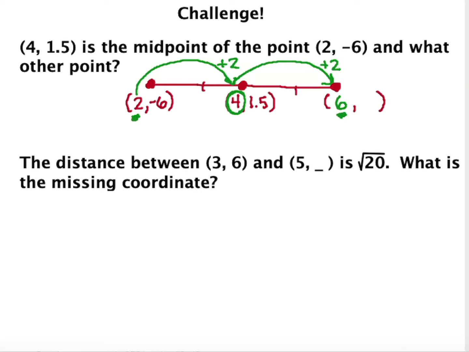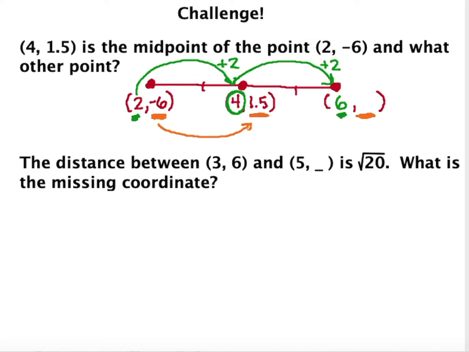We're going to use that same technique, only thinking of the y value now. So if -6 is here and 1.5 is here, what's here? We have to think 1.5 would be exactly between -6 and some mystery number. How far is it to go from -6 to 1.5 on a number line? You'd have to get to 0 first.